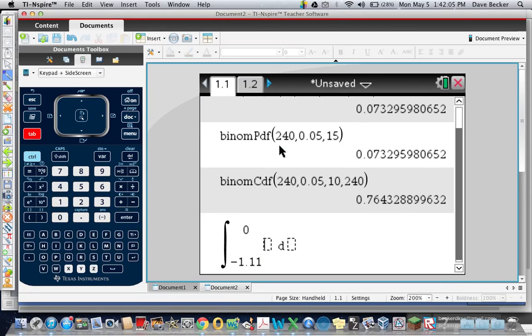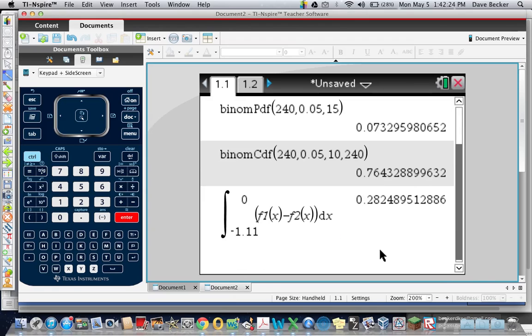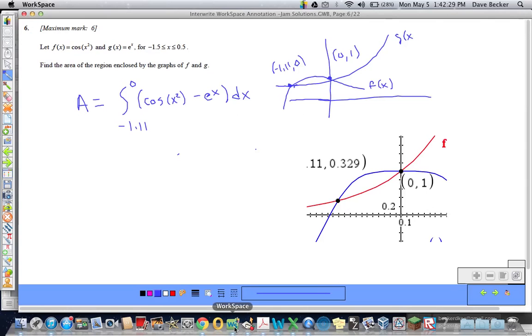And then all you have to do is type in f1 of x minus f2 of x, with respect to x. Kapow! And we get the answer of 0.282. And so we would just write is approximately equal to 0.282. Done, done, done, like a bun.